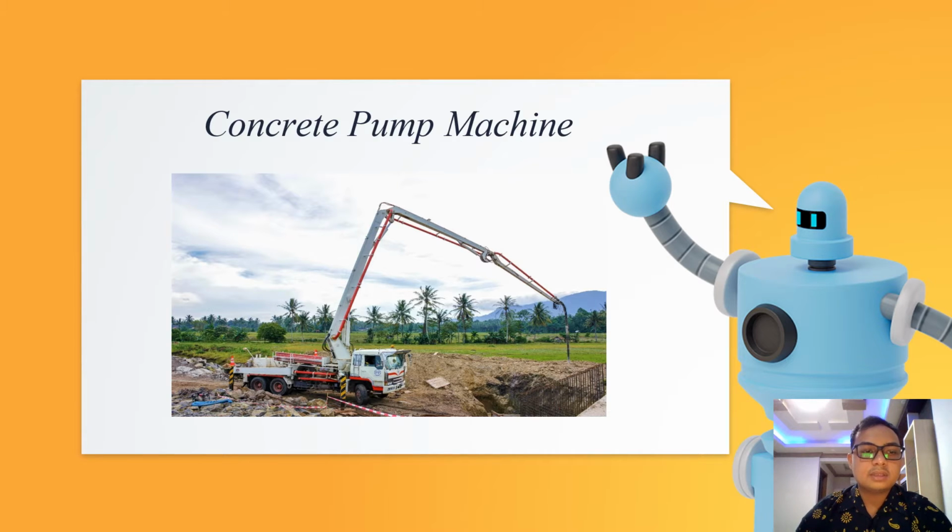A concrete pump machine, usually we find it on a truck. This machine streams the concrete to another place, so we don't need to lift the concrete one by one. The mechanism of the concrete pump truck uses a hydraulic piston. For the main part, it needs a big energy.